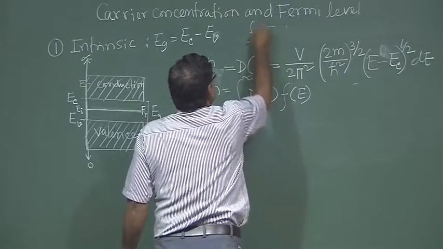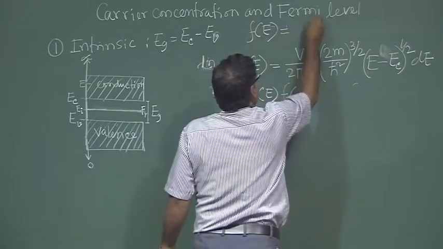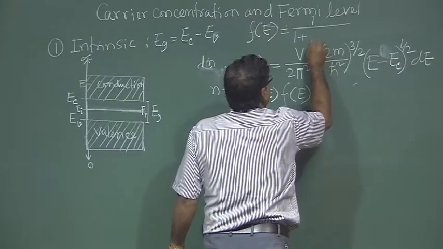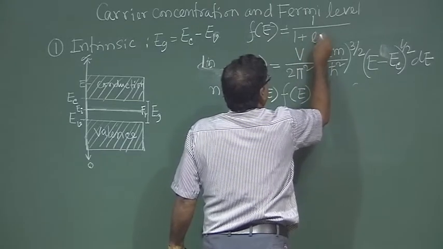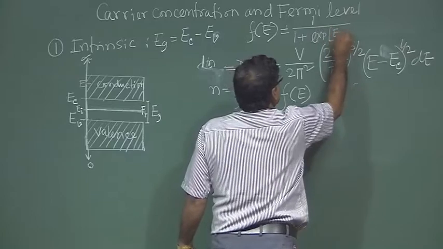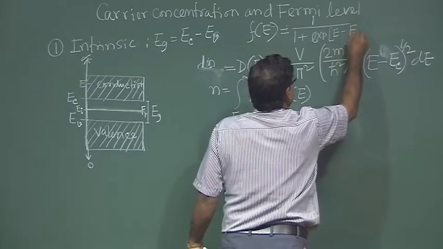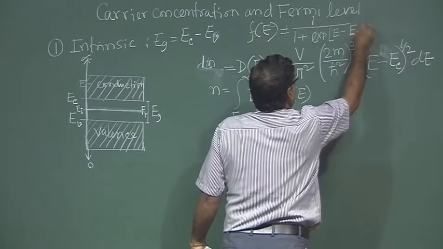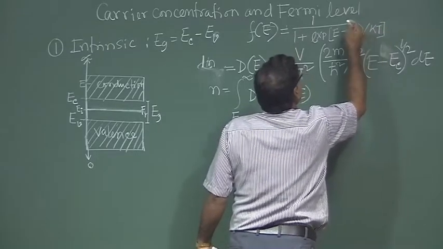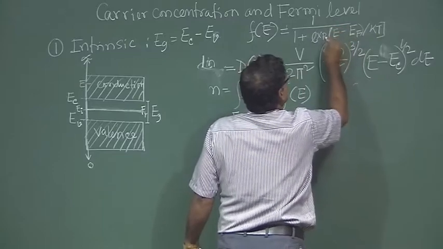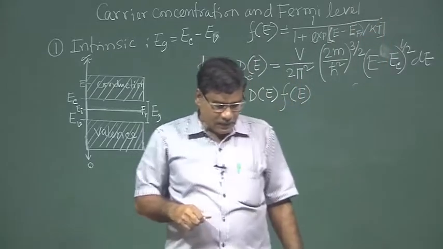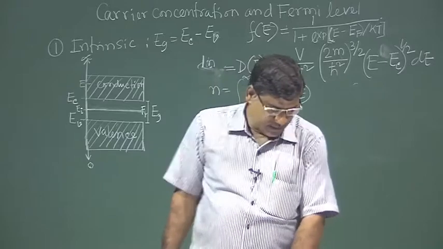F(E) is basically 1 by 1 plus e to the power, or exponential, of (E minus EF) by kT. Right. So, that is the case.